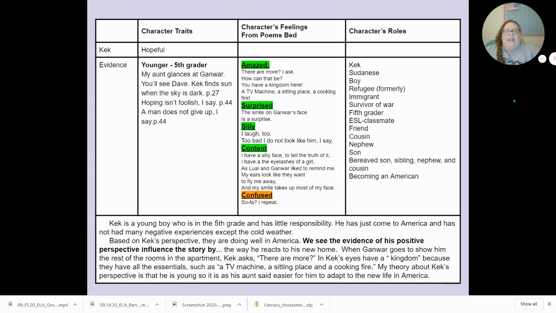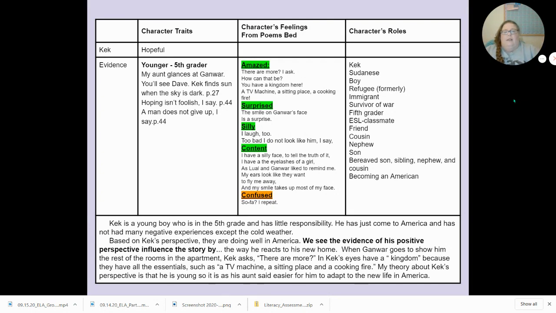In Keck's eyes, they have a kingdom because they have all the essentials such as a TV machine, a sitting place, and a cooking fire. My theory about Keck's perspective is that he's young, so, as his aunt said, it is easier for him to adapt to the new life in America.